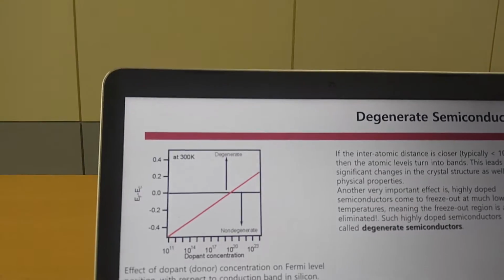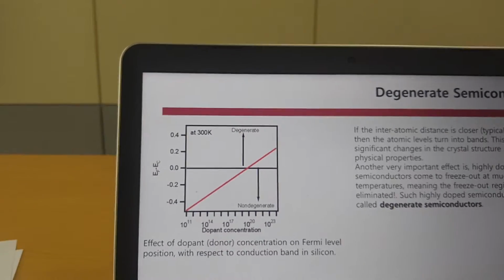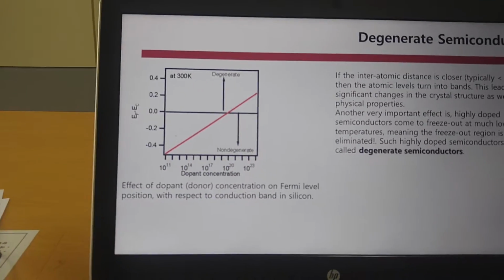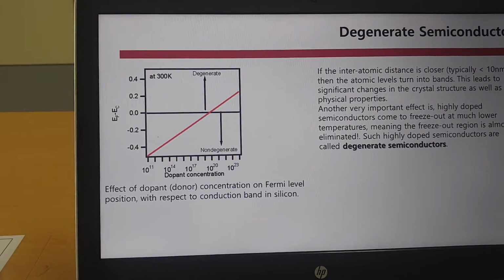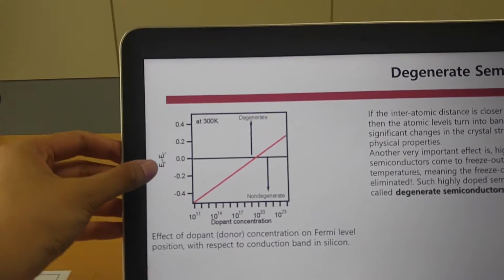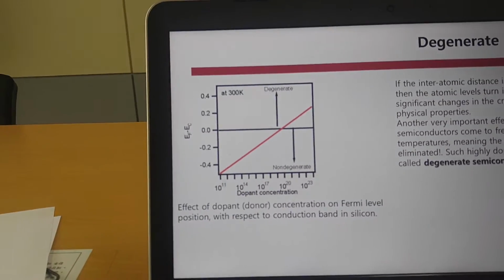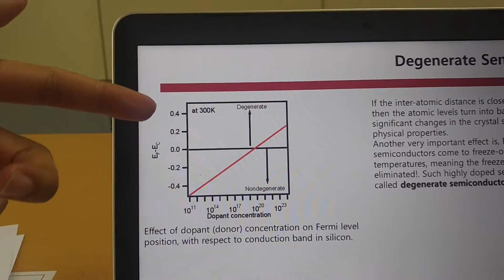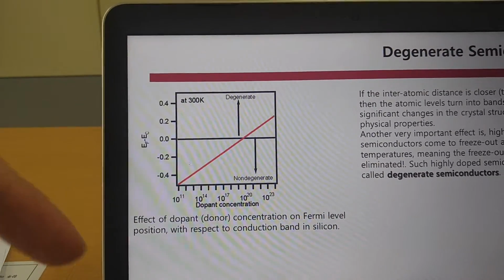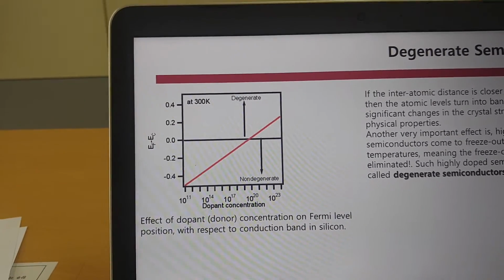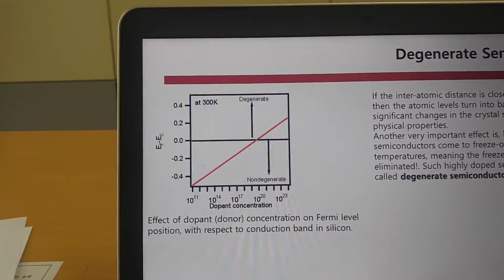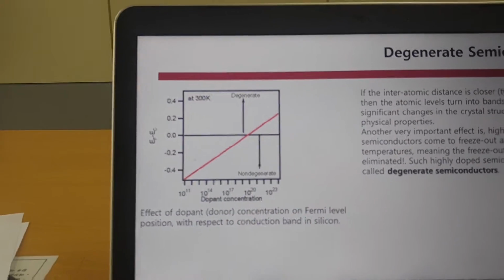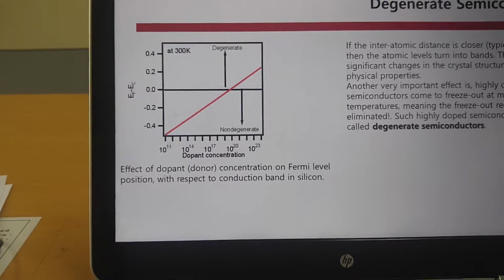For the next section, we will concentrate on the degenerate semiconductor. As you can see in this diagram, if the difference between the Fermi level and the conduction band is bigger than 0, it would be a degenerate state. Such highly doped semiconductors are called degenerate semiconductors.